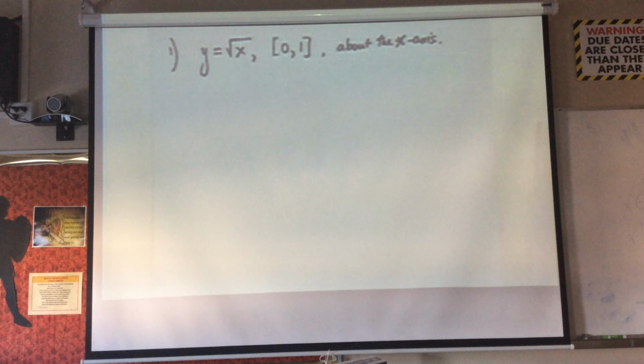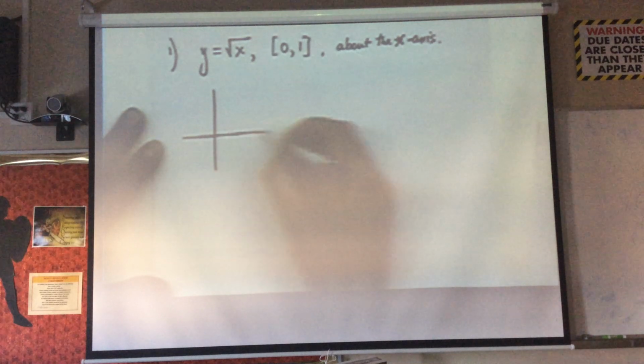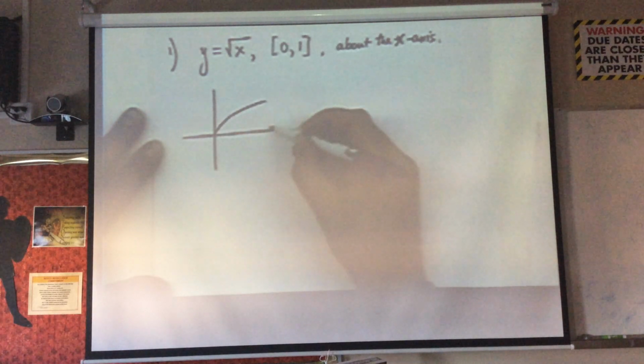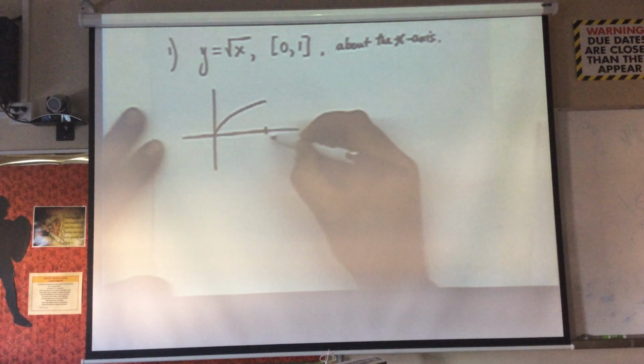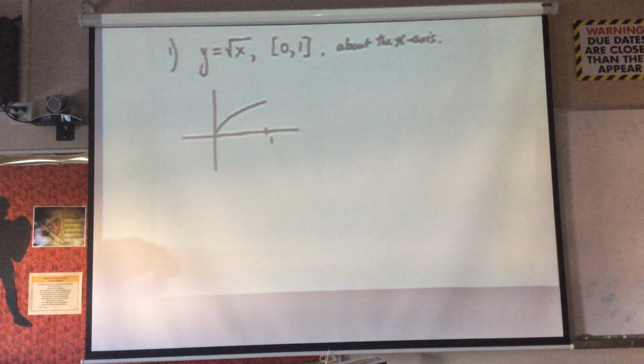And it goes forever, and that's why I have this from 0 to 1 to limit it. So here's my curve, and let's say this is 1 over here. I know it's not exactly correct, but that's what I have. So what do I have here?